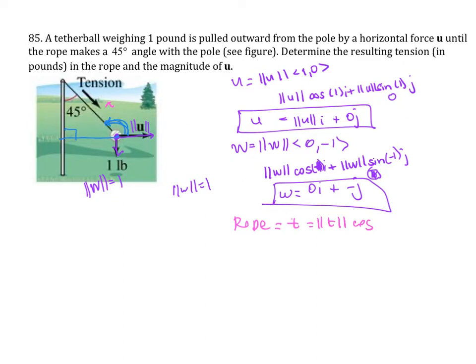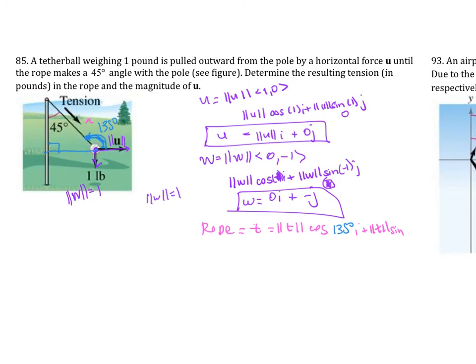So then this is going to be 180 minus 45, which is 135 degrees. So this is cosine of 135 degrees, and that's i, plus the tension times sine of 135 degrees here. And so that is our rope.